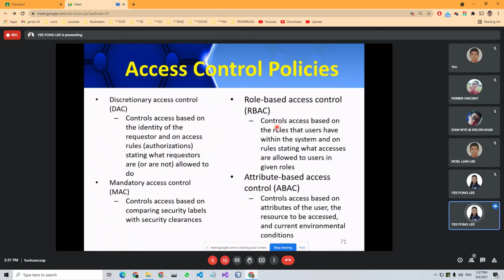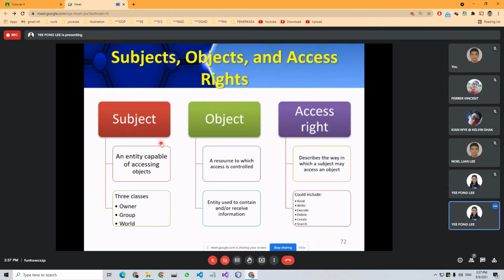Means apply role-based, attribute, and discretionary combinations. So among the four, discretionary DAC is the traditional method to implement access control, based on who the requester is and what they can access.